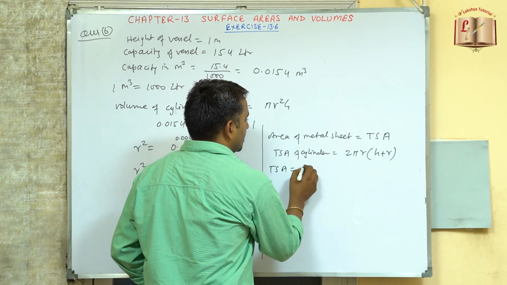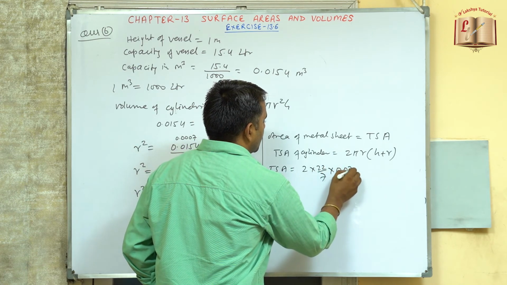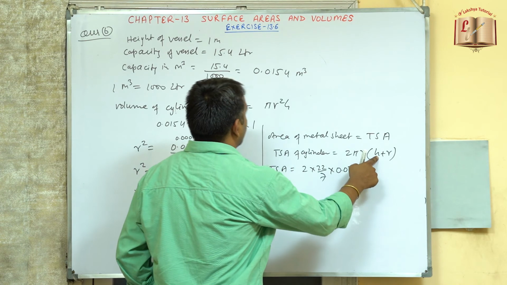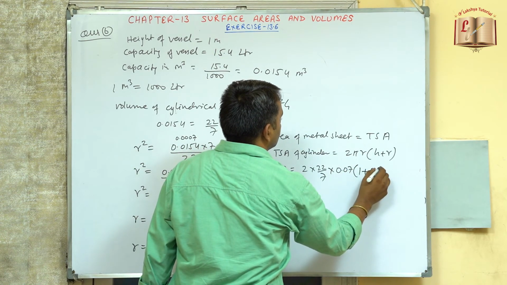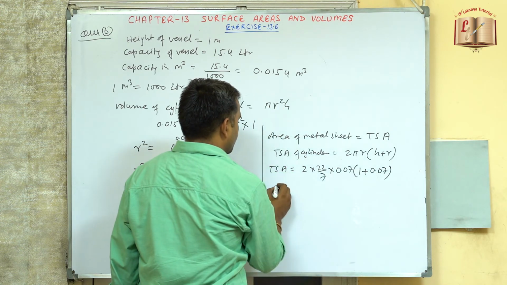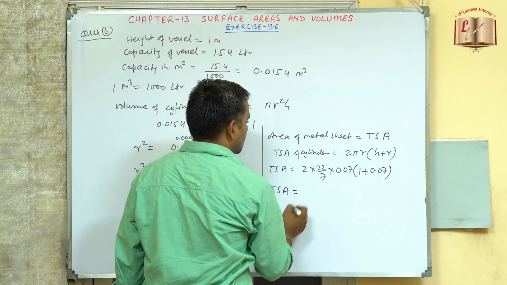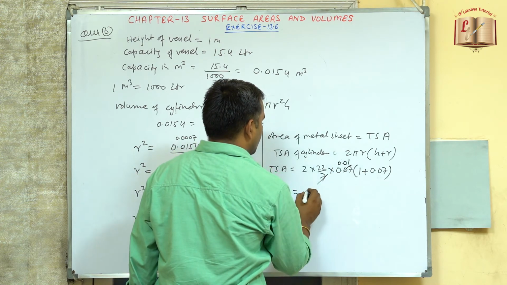So TSA will be equal to 2 into 22 by 7 into r is 0.07, within bracket h is already given 1 plus 0.07. So now we can solve this for TSA. So this will be now 0.01 from here.